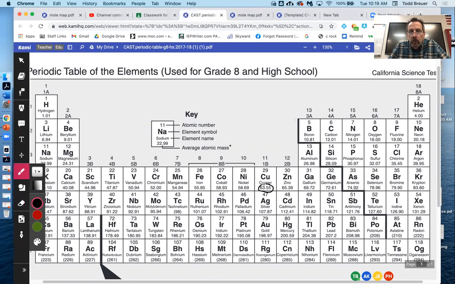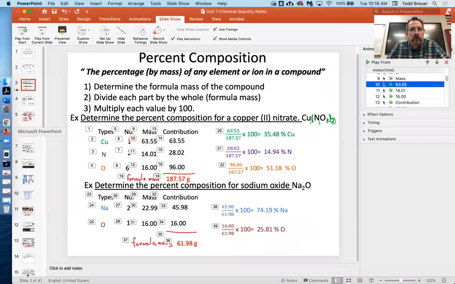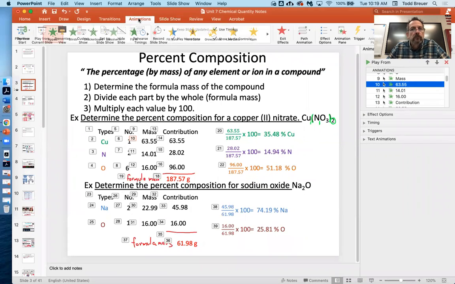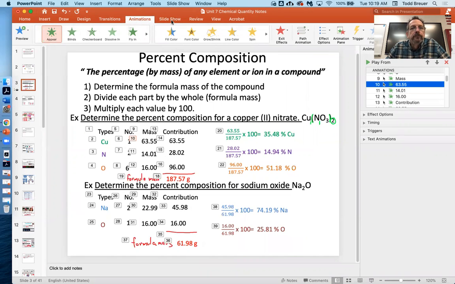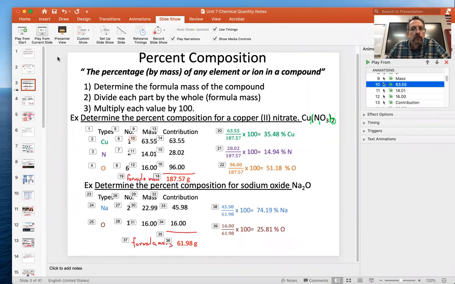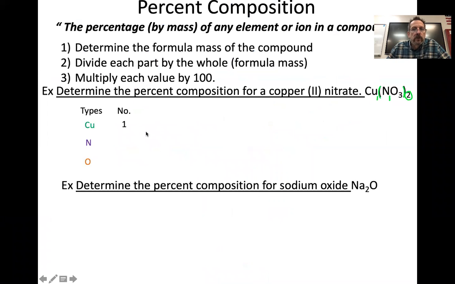Copper, 63.55, nitrogen, 14.01, and oxygen, 16. So that atomic mass data comes from our periodic table. Now let's go back to our example.